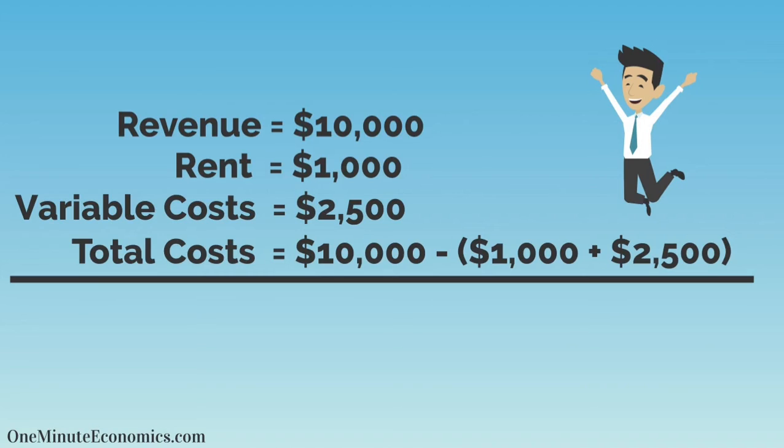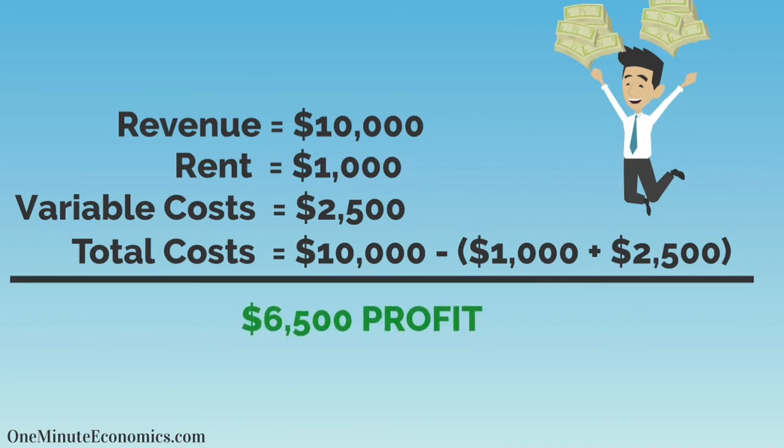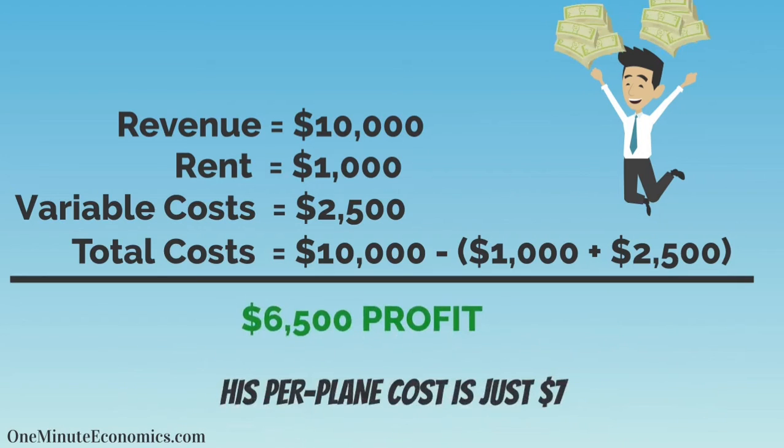He also paid rent of $1,000, and his variable cost of producing the 500 airplanes he sold will amount to $2,500. So his total cost will be $3,500, and Mr. John will be making a profit of $6,500, because his per plane cost is just $1.